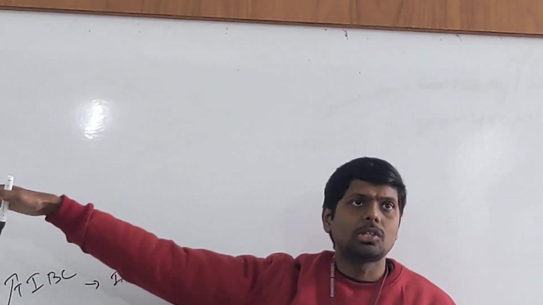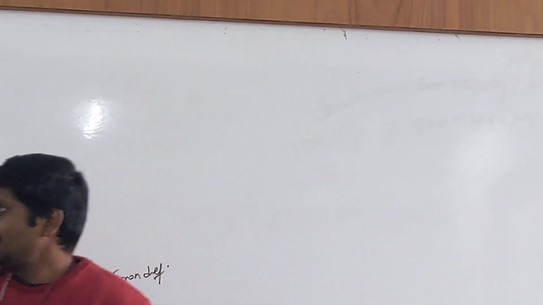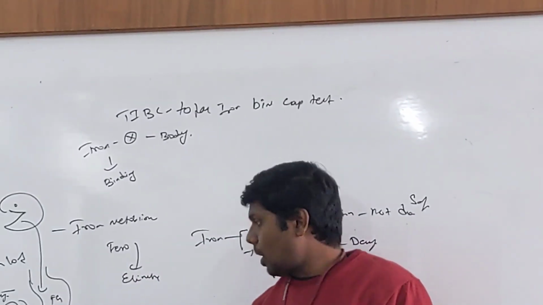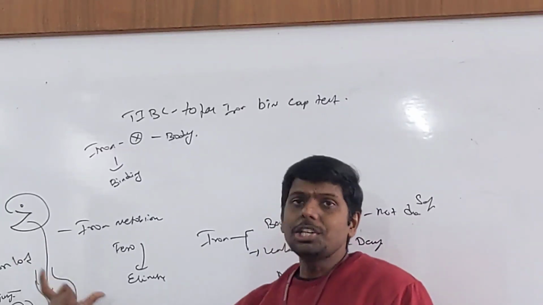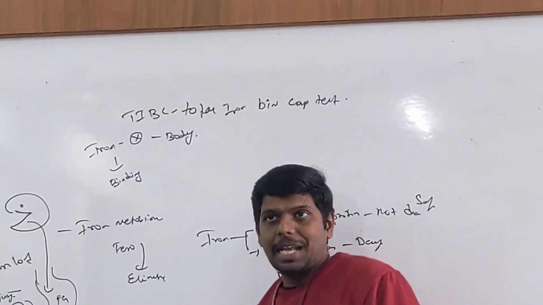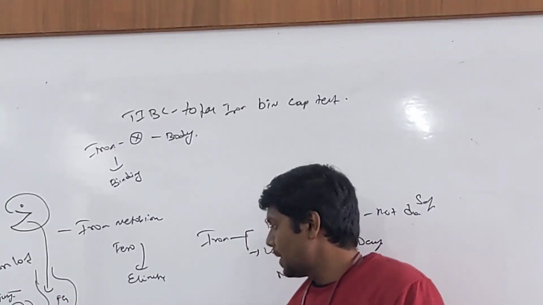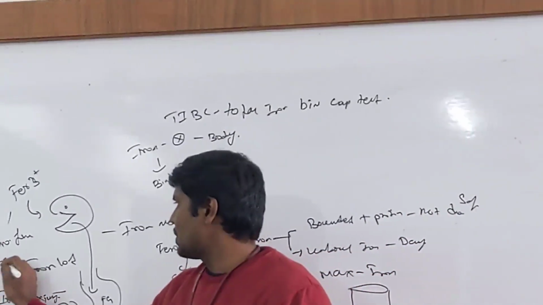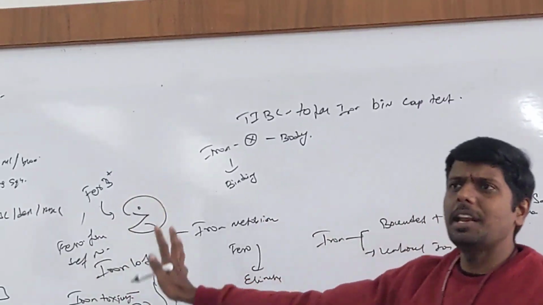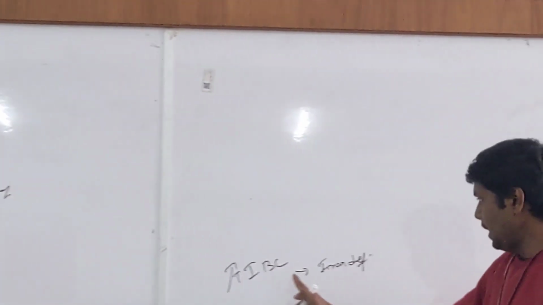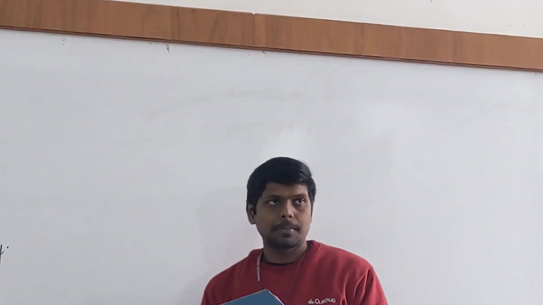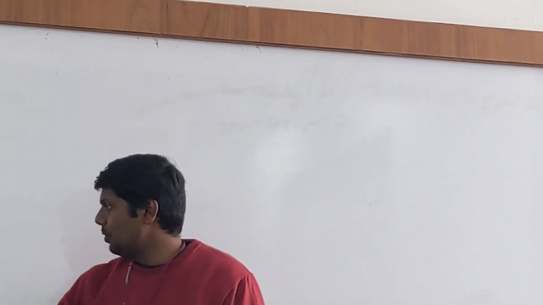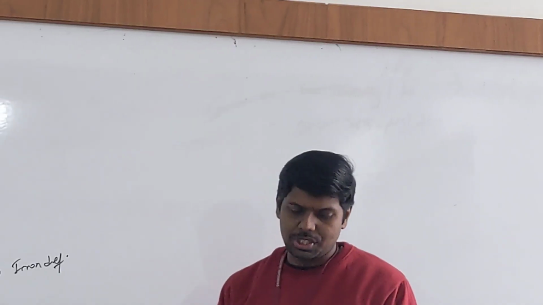The protein levels look more. When there is no iron in the diet, in the ratio between iron and transferrin, the transferrin looks more. So increased TIBC is seen in iron deficiency. That means nutritional iron deficiency leads to an increased TIBC value. Is it clear? Increased TIBC value indicates iron deficiency conditions.